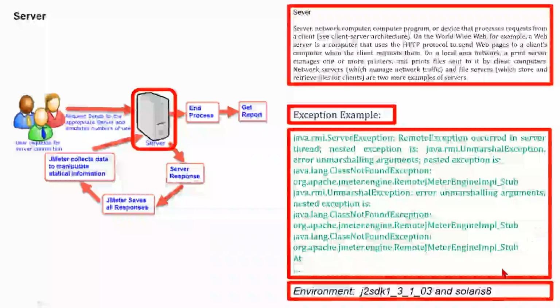As an exception example, we can consider this exception occurred in the environment J2SDK 1.3.1_03 and Solaris 8. java.rmi.ServerException: RemoteException occurred in server thread. Nested exception is java.rmi.UnmarshalException: error unmarshalling arguments.